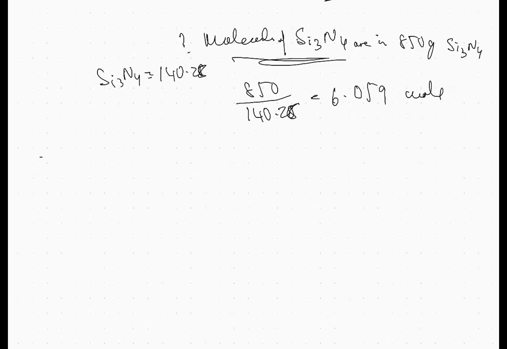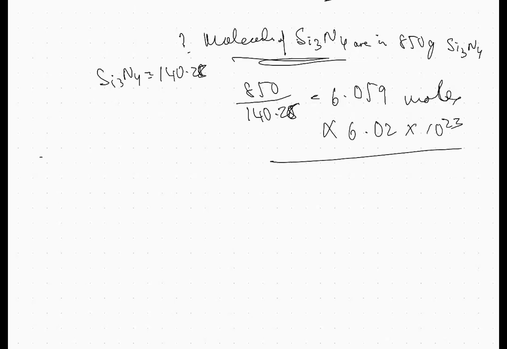So I multiply by 6.02 times 10 to the 23. I get 6.059 times 6.02, which gives 3.64 times 10 to the power 24.